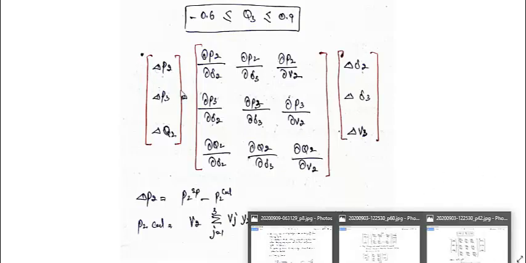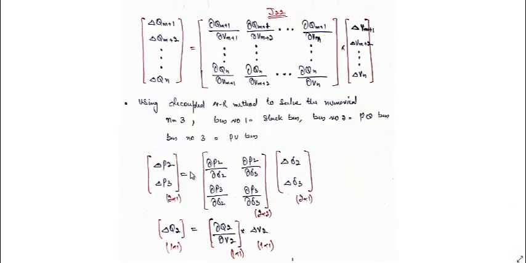I have written it like this: delta P2, delta P3, delta P2 by delta delta 2, delta P2 by delta delta 3, delta P3 by delta delta 2, delta P3 by delta delta 3 multiplied with its variables, that is delta delta 2 and delta delta 3.